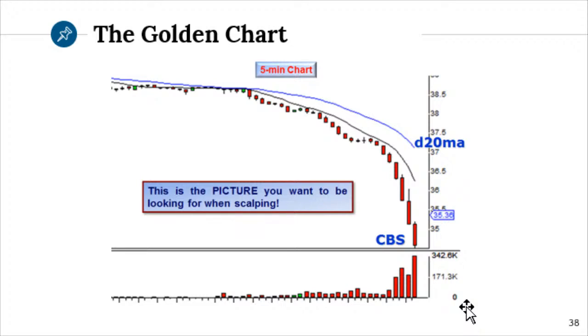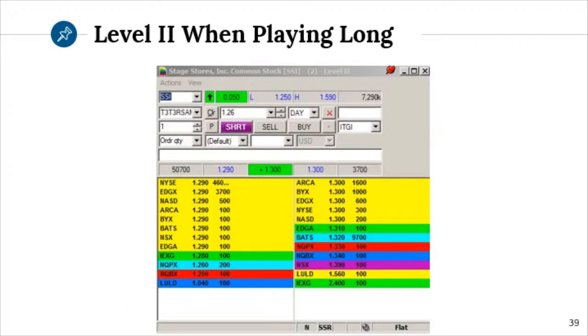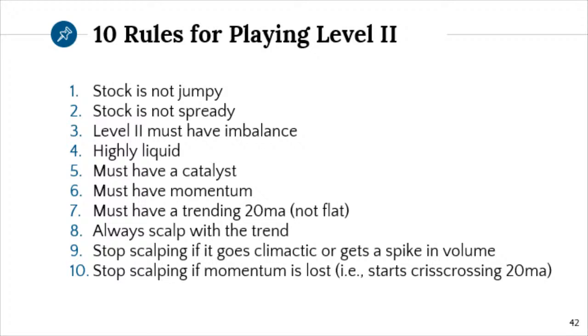You start to see one red bar, one green bar, one red bar, the Christmas tree effect. Red, green. But you don't see multiple red bars, multiple green bars in a row. If it starts to crisscross the 20 MA, to go through the 20 MA, that means it has no momentum either. So, those are kind of my top 10 rules for trading the level 2.